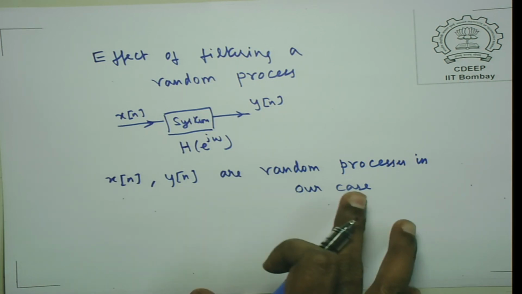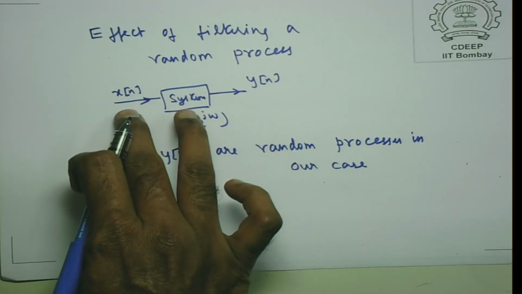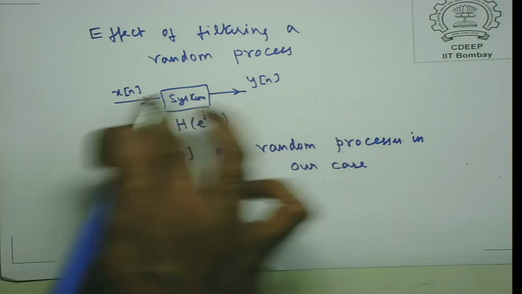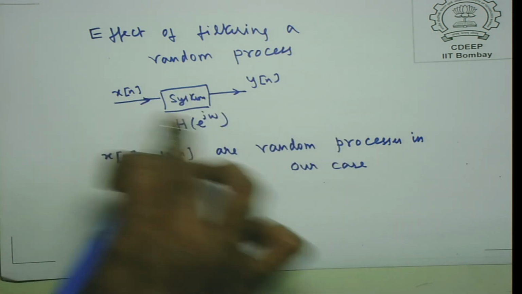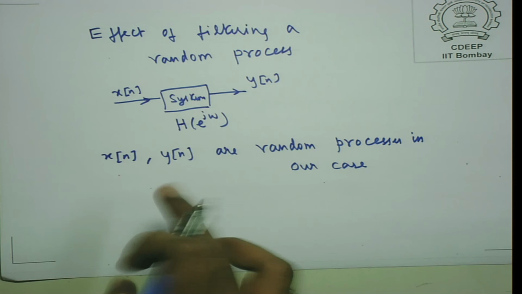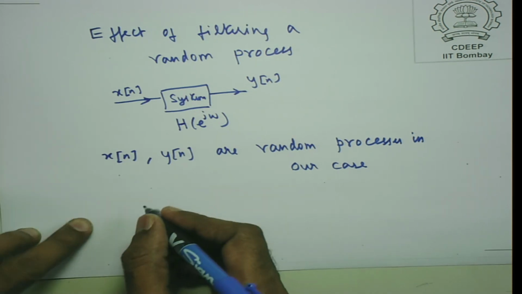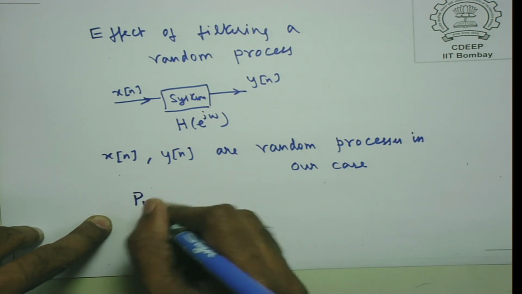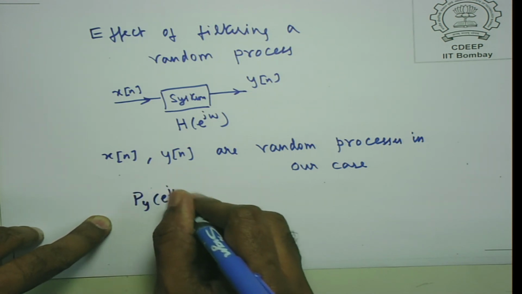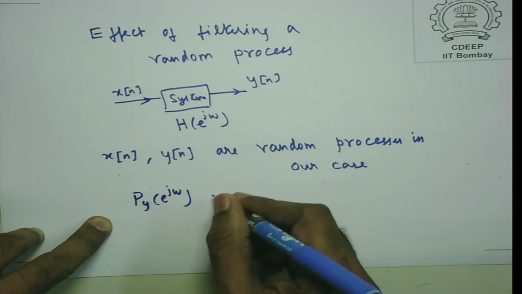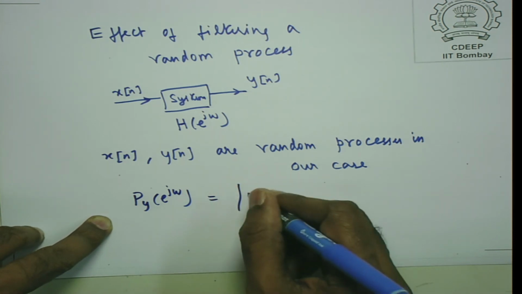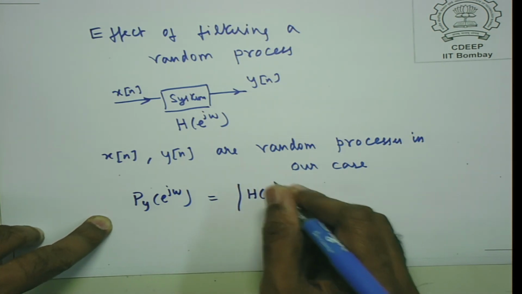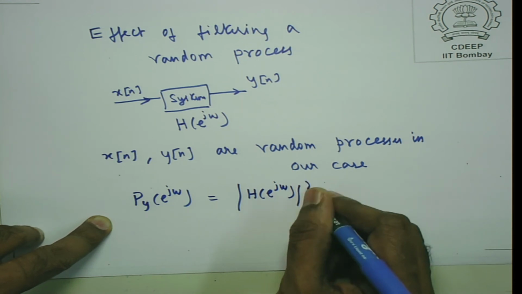One of these is that we want to relate the autocorrelation of the output to the autocorrelation of the input, given the system response. Correspondingly, in the Fourier domain, if you look at the power spectrum of the output, denoted P y of e to the j omega, this can be related to the magnitude spectrum of the LTI system as this.